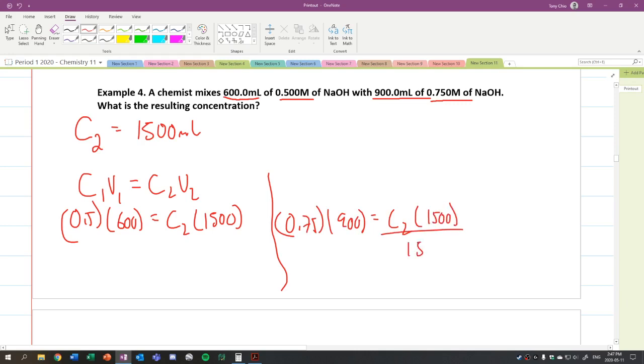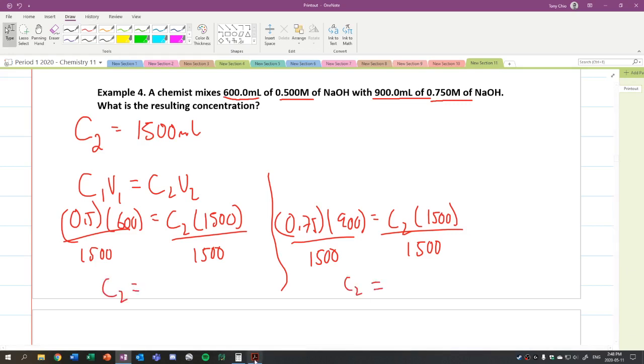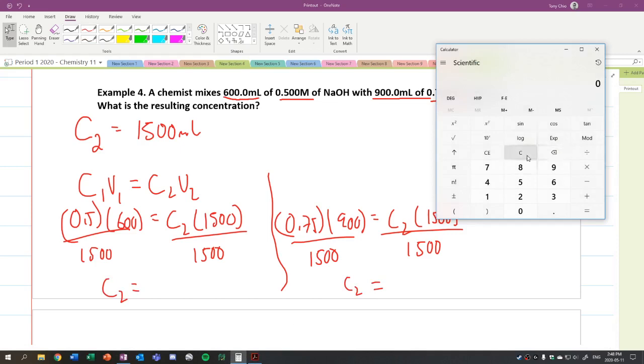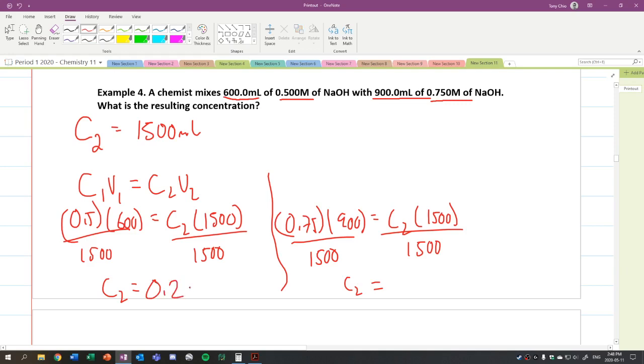So you divide both sides by 1500 in both of these examples. What you're going to get is 2 different C2s. But what you need to do is add the 2 C2s together. So you have 0.5 times 600 divided by 1500. The first example there on the left side, you're going to get 0.2 molarity.